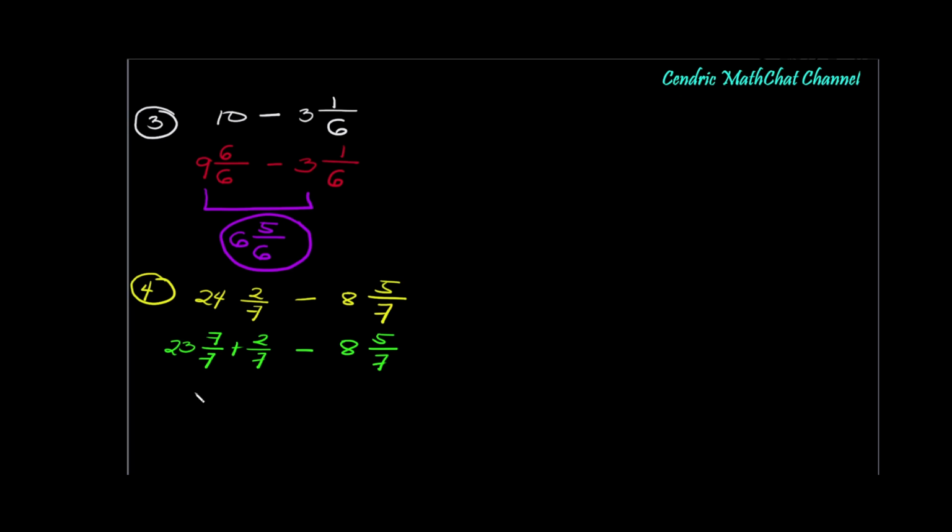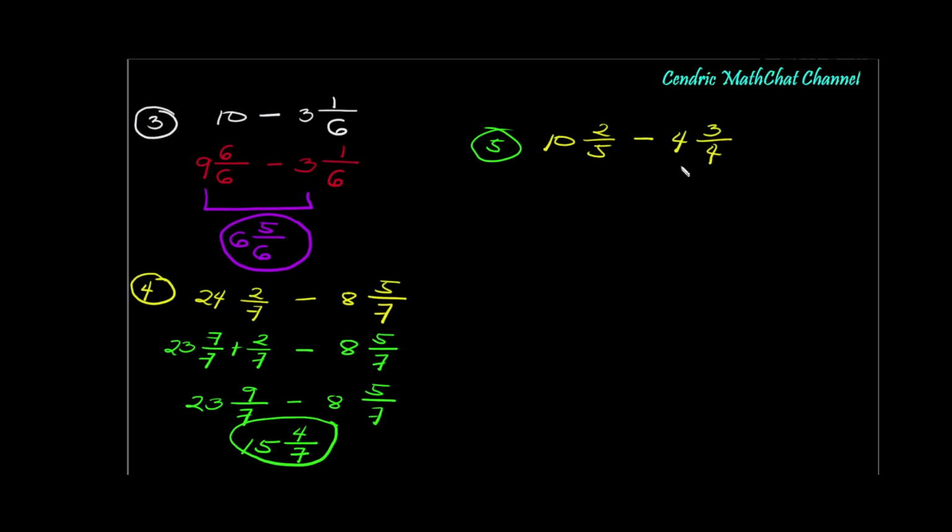It's 23 and 9/7 minus 8 and 5/7. 23 minus 8 will give me 15. 9 minus 5 is 4/7. So this is our difference.